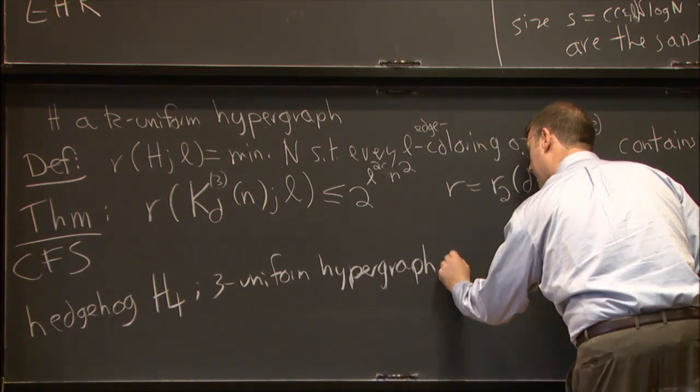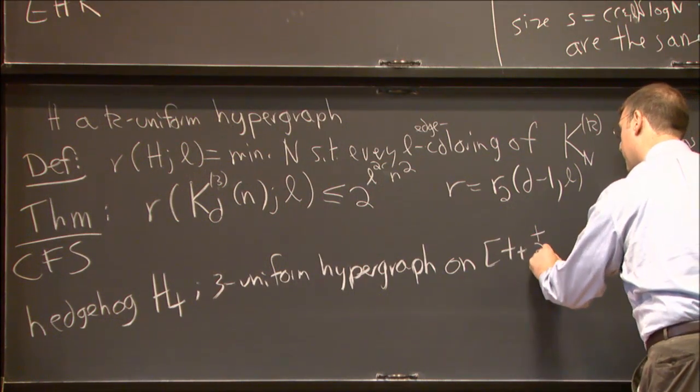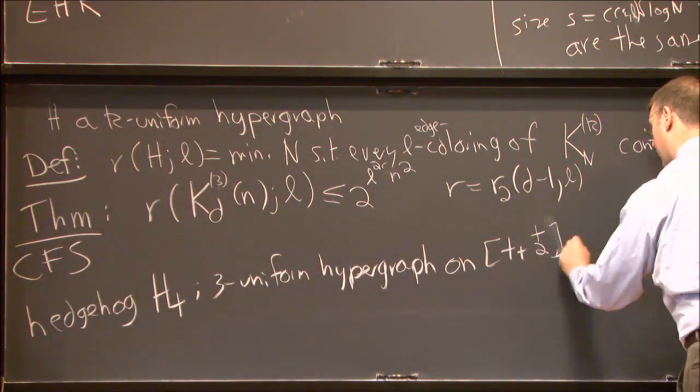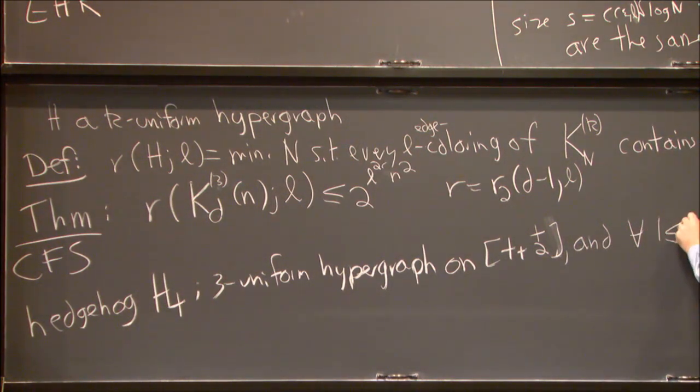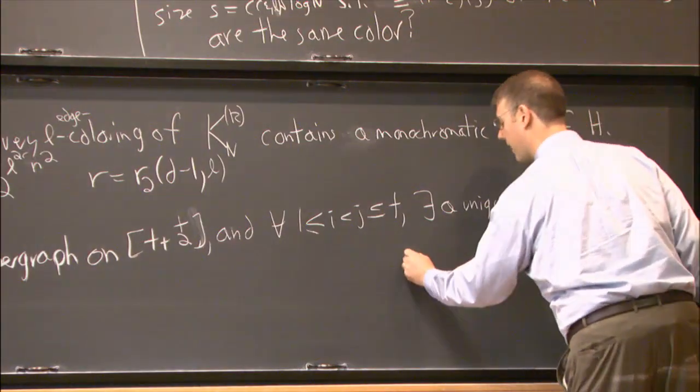The vertex set is the numbers up to t plus t choose 2. And for all 1 less than or equal to i less than j less than or equal to t, there exists a unique h which is bigger than t such that i, j, h is an edge.